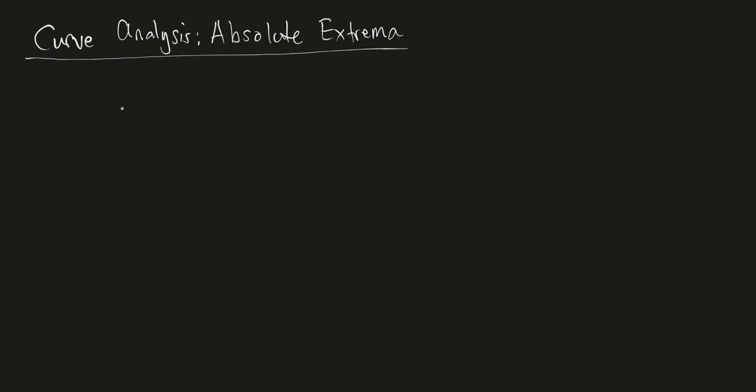So let's actually give a definition of both and then look at some graphs to kind of get a qualitative look at this concept and then see again how the derivative can help us answer this particular question, right? So let f of x be a function defined on some interval.